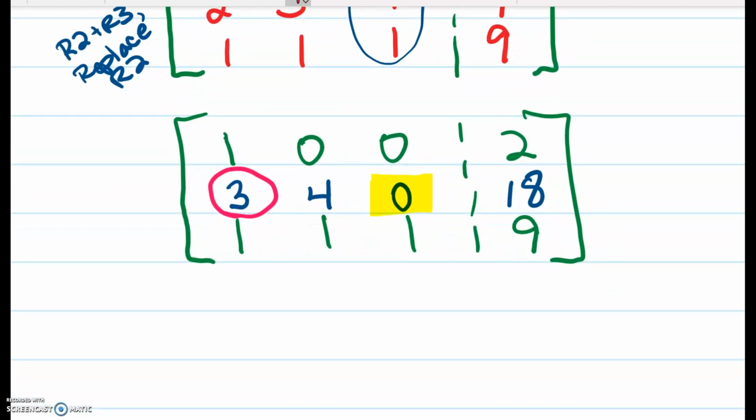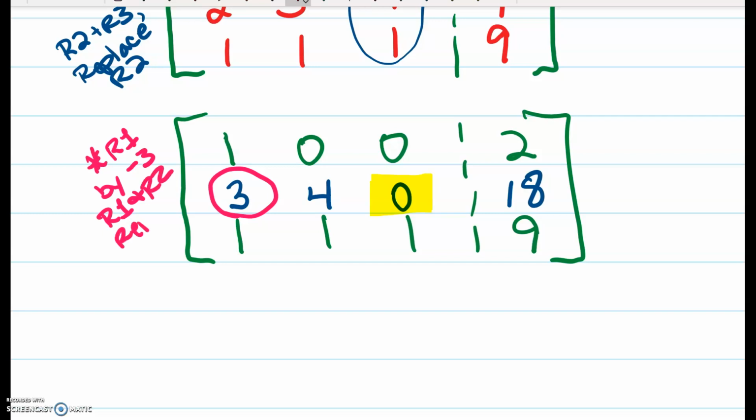I can multiply, and I don't know why I'm writing it out in words. I'm going to multiply row 1 by -3, and I'm going to add rows 1 and 3, or excuse me, row 1 and row 2.